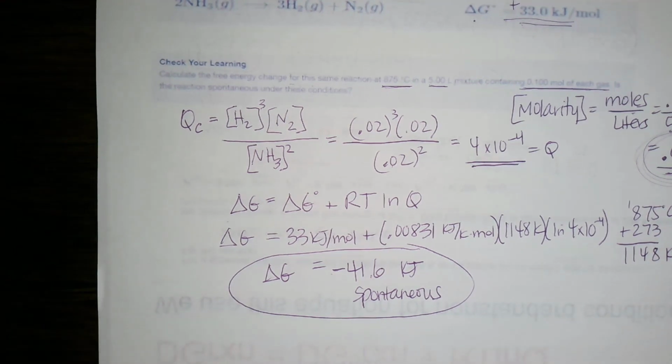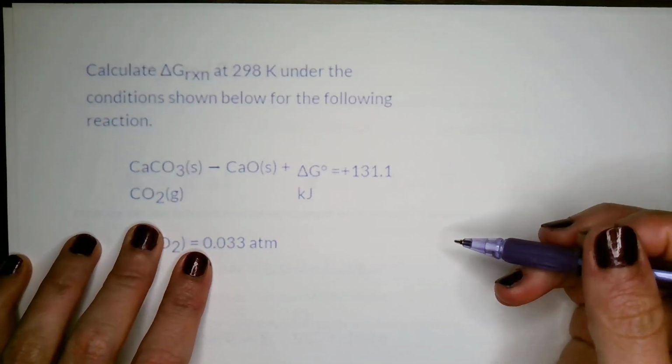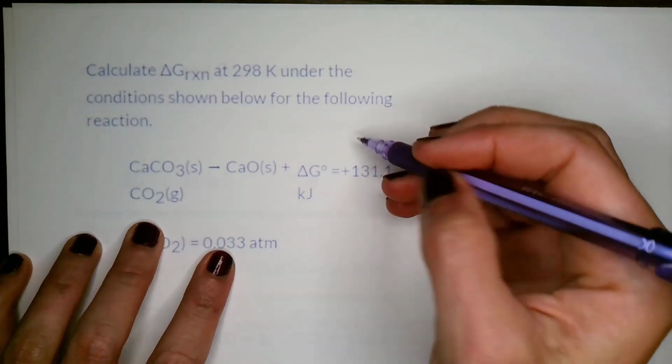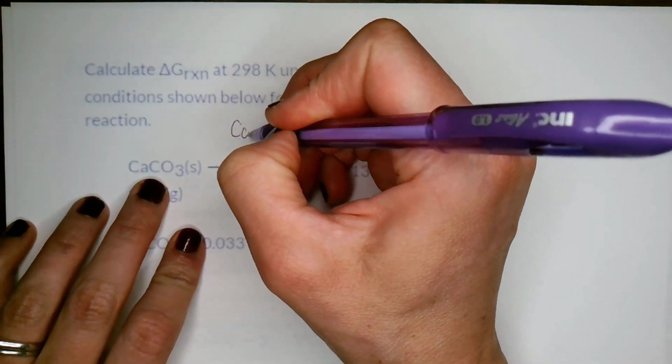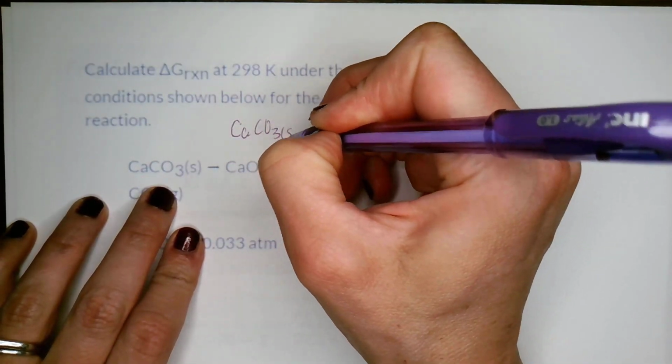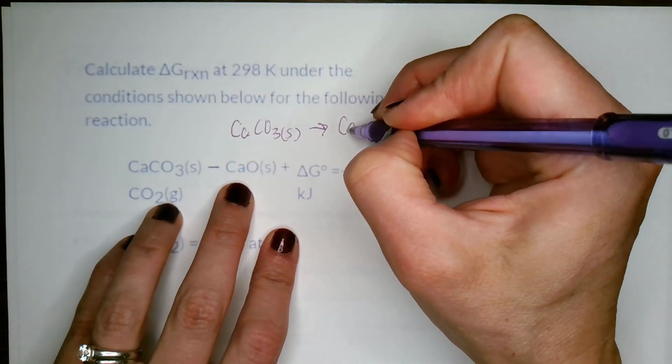All right, let's do another. All right, let's look at another problem. This one, it's written kind of funky. I'm just going to rewrite this. Let's say I've got calcium carbonate.